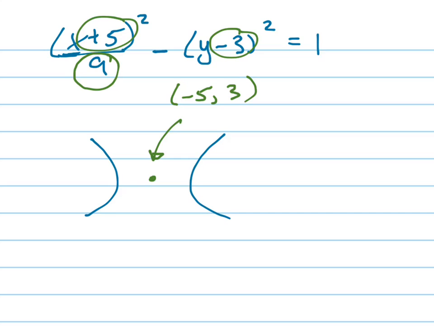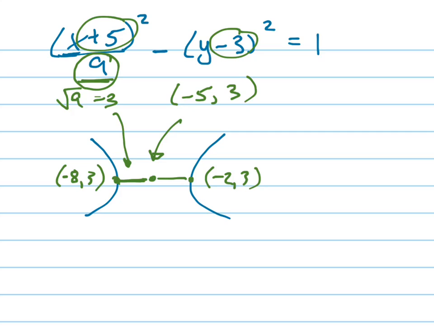The square root of 9 is 3. That tells you the distance right here. That distance is 3. So if this point is negative 5, 3, then that point right there is -8, 3, and that point right there is, what's it going to be? -2, 3. Good.